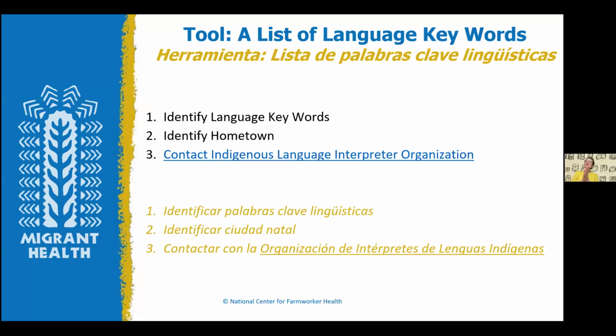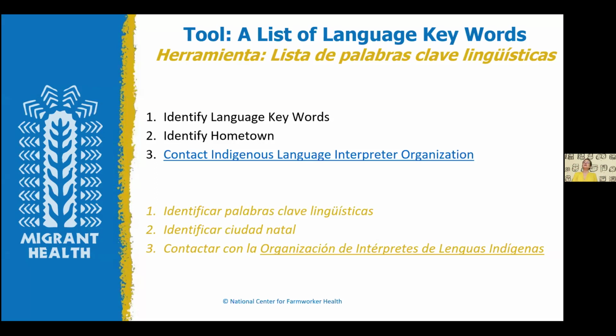Okay, so now I'm going to narrow the focus to a tool which is called a list of language keywords. Before I dive into that, I want to present you with this three-step process that you would absolutely need to follow if you're going to work effectively with speakers of Indigenous languages.